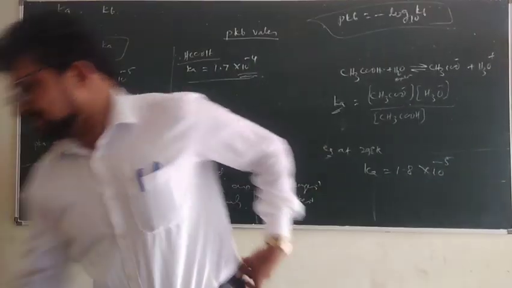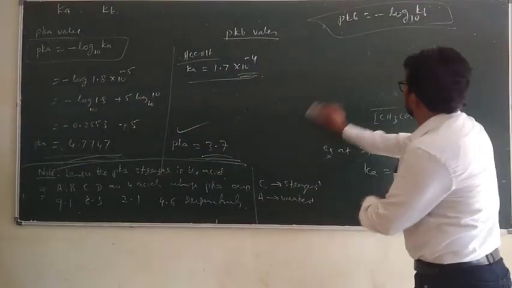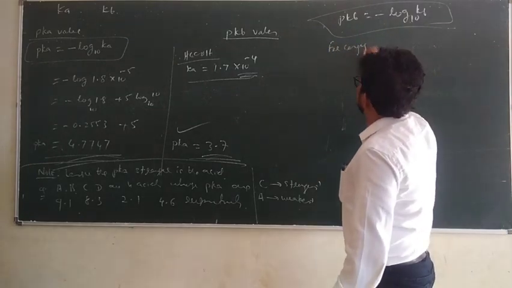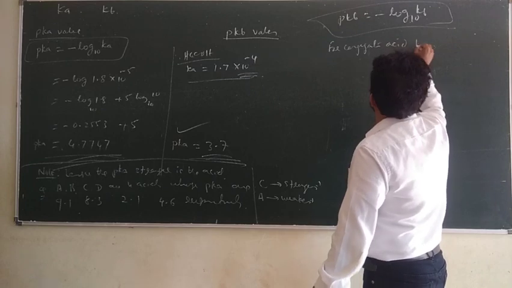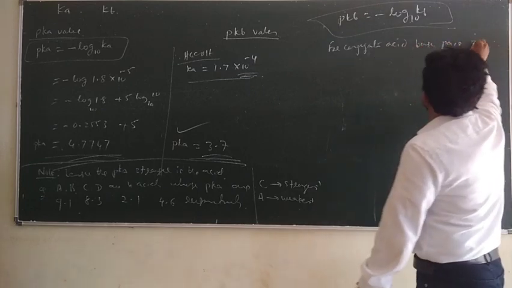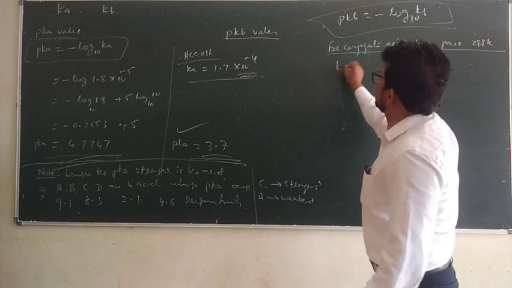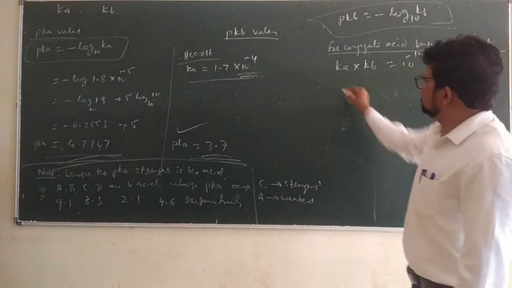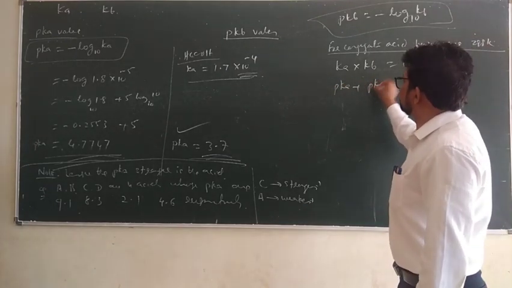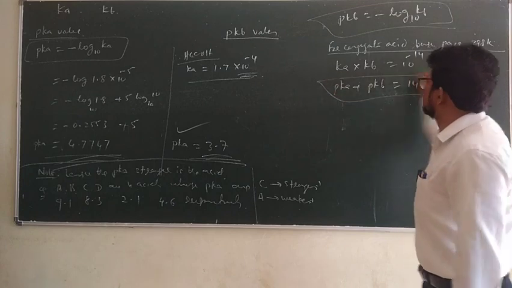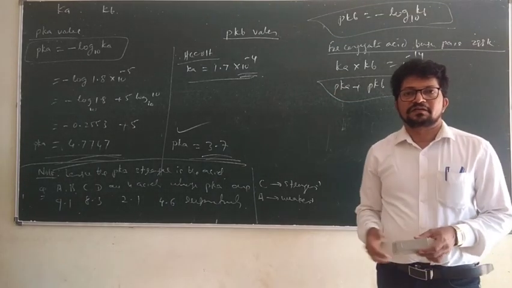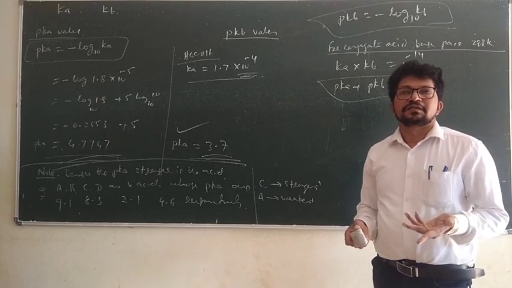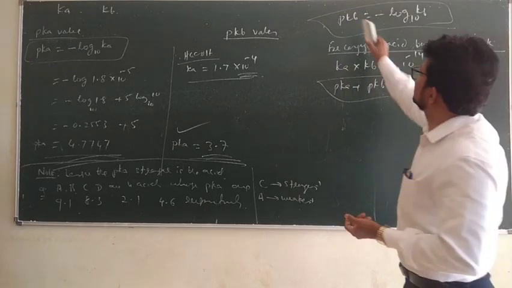One more very important thing. For a conjugate acid base pair at 298 Kelvin, you already know Ka into Kb is 10 raised to minus 14. I told you. So it only means that pKa plus pKb is 14. So if you know the Ka value, you can find the Kb value of the conjugate base.